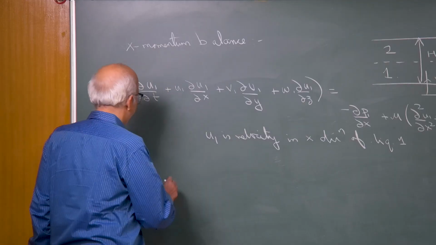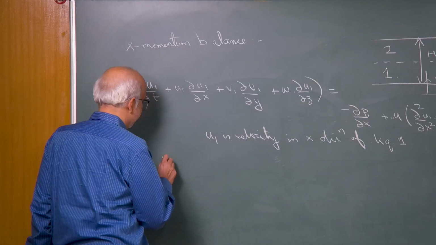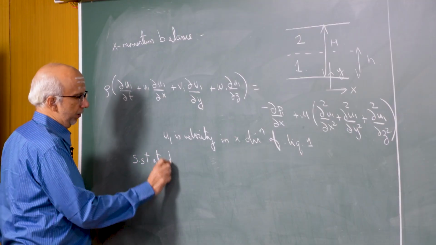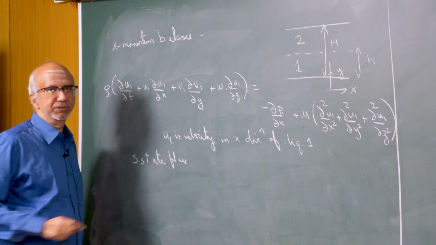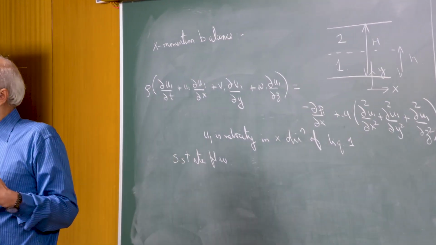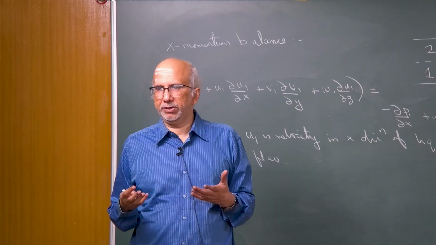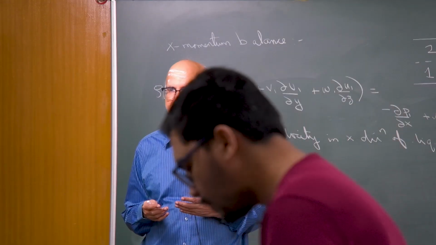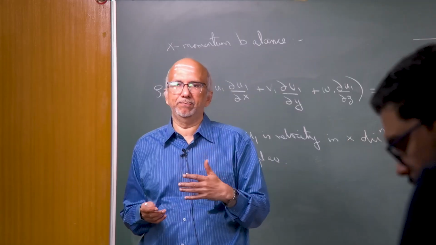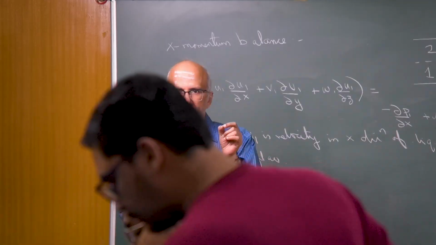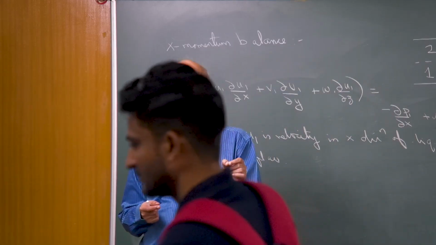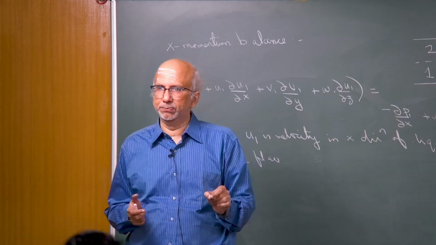We are saying this is a steady state flow, because you are just running your pumps for a long time. You have waited sufficiently so that your system has attained steady state. At any point in the system, things are not changing with respect to time. That means the partial derivatives are 0.